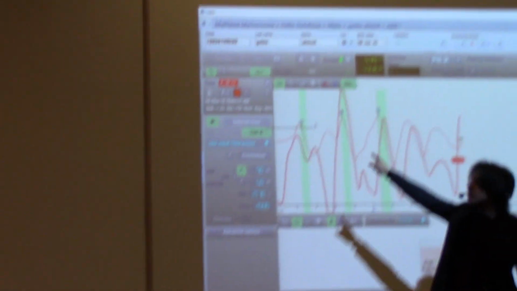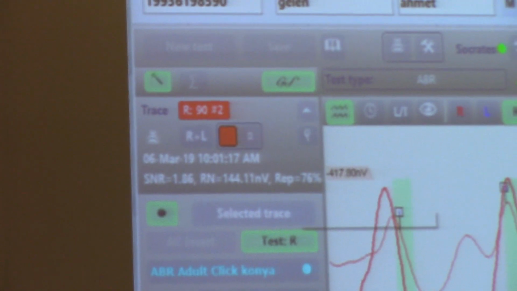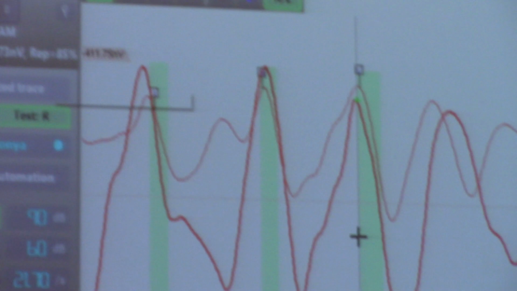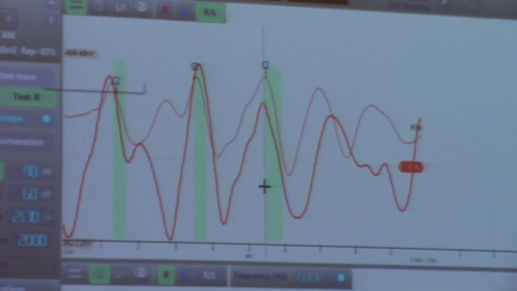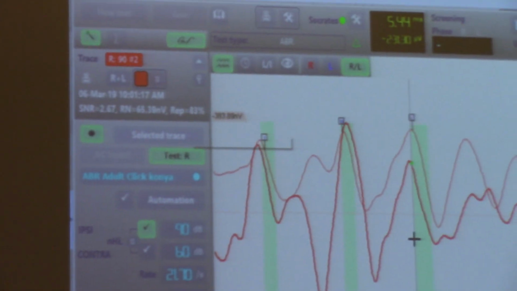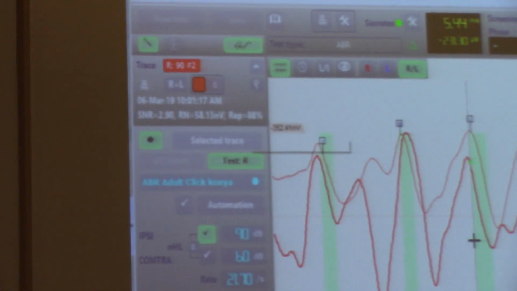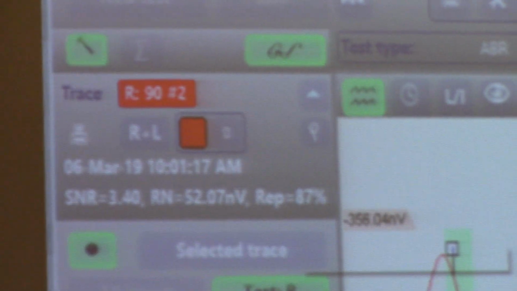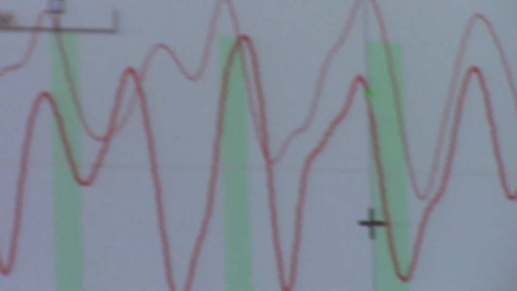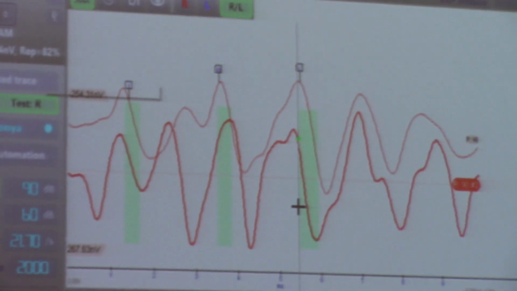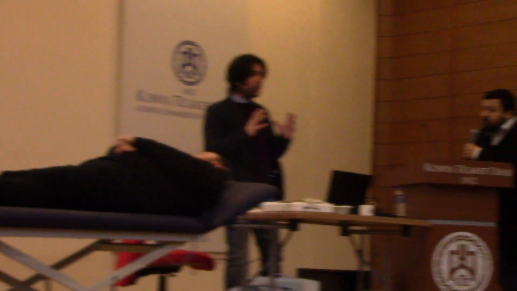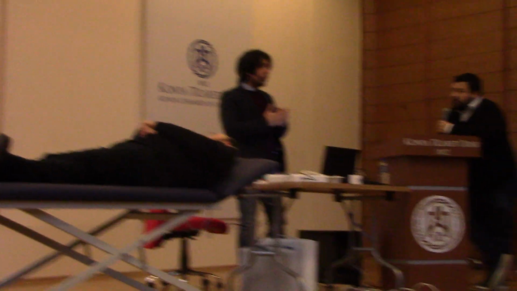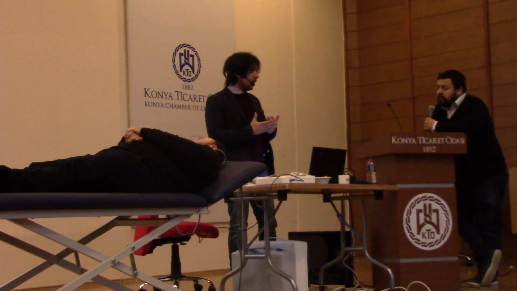It's a percentage that calculates exactly the repeatability correlation between a curve split in its response to the positive and negative click and matched together in a correlation. This is the easy definition, okay? But it gives me the possibility to understand the stability of the wave and the signal itself.